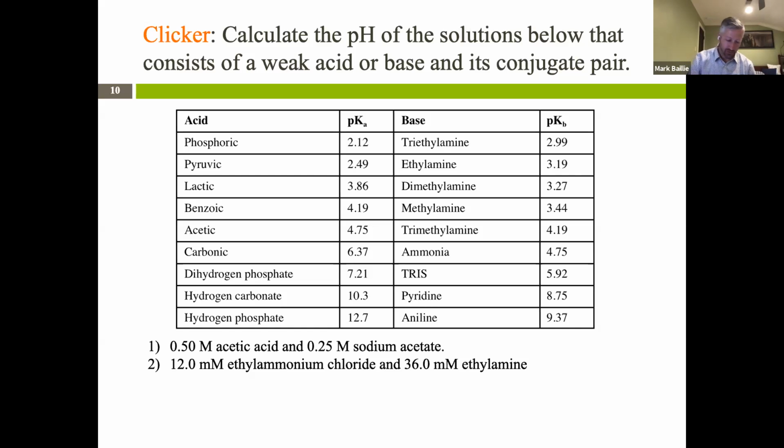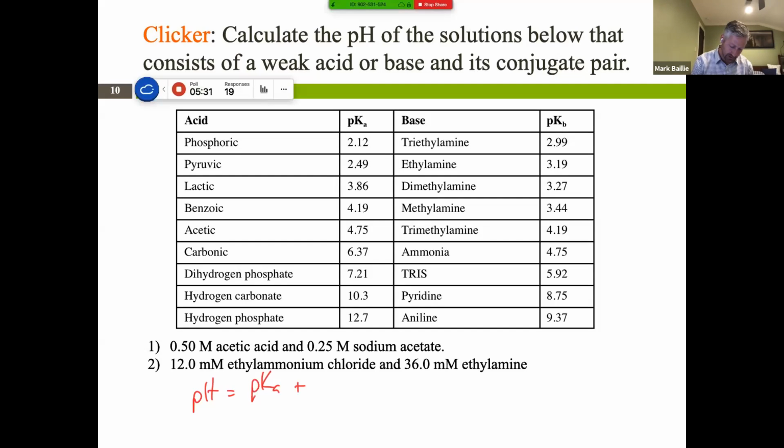But if we're using our Henderson-Hasselbalch equation, pH equals pKa plus log of concentration of base over concentration of acid, and both top and bottom are in the same units, millimolar, then they cancel out.